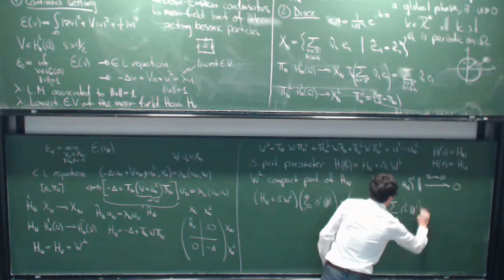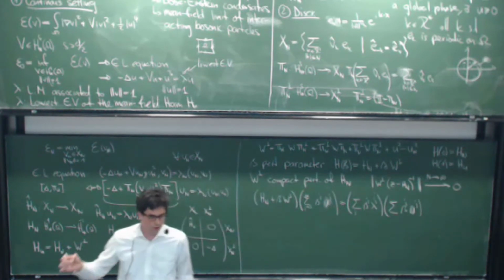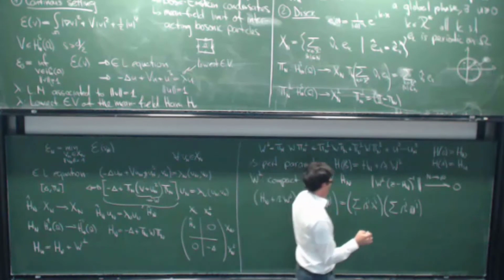There we have uj, and this series converges for n sufficiently large.